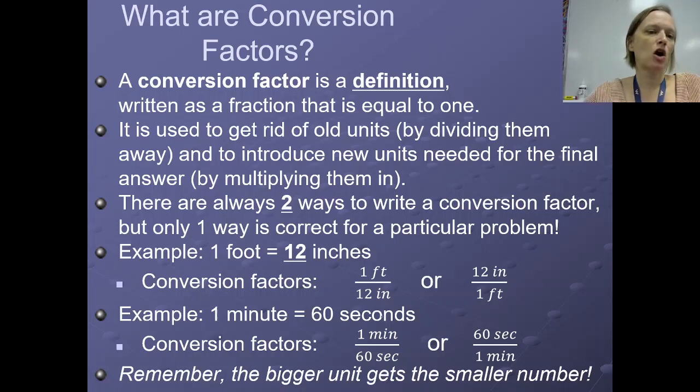So minutes are bigger than seconds, so the smaller number goes with the bigger unit. And similarly, the big number goes with the small unit. Sometimes students make mistakes and they'll say 1 second is 60 minutes. You need to check to make sure you're writing it the correct way.